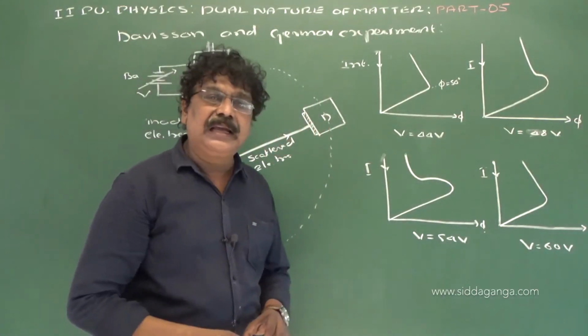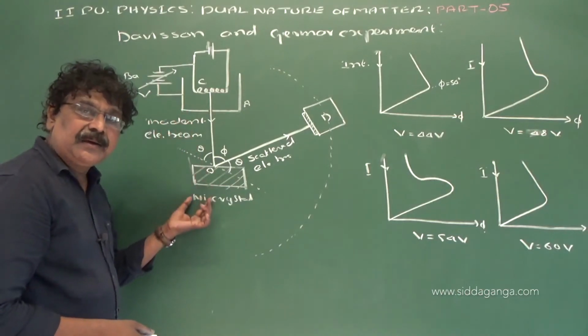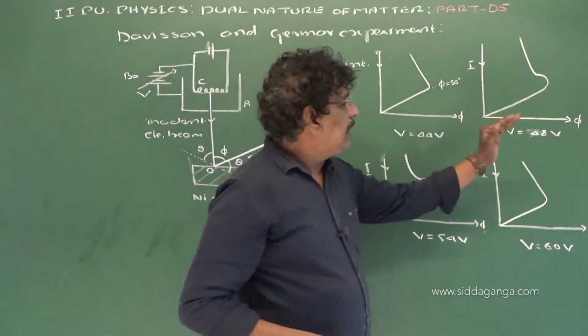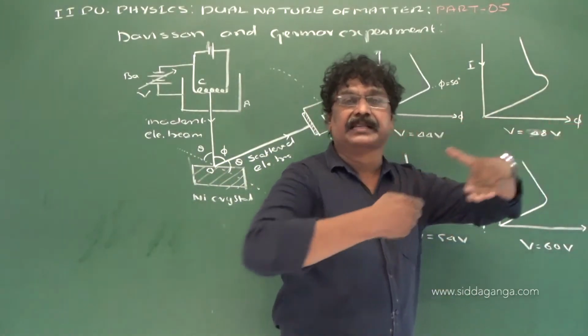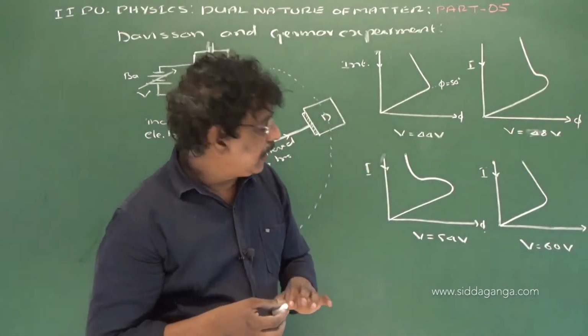As we go on increasing the accelerating potential difference or voltage, the size of the bump goes on increasing.